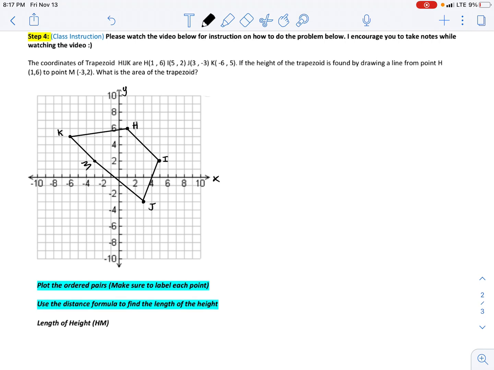And so this is M. And here, this is where I was saying if I draw a line from points H to M, that will give me the height of the trapezoid. So I'm going to highlight this and label this yellow here with height.